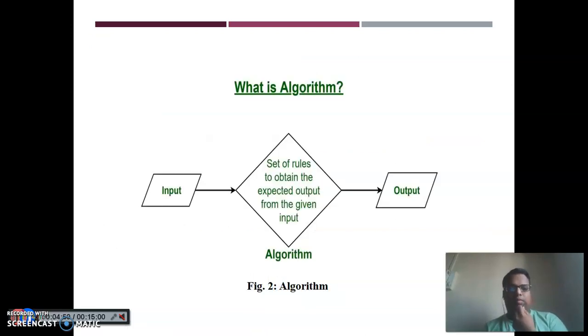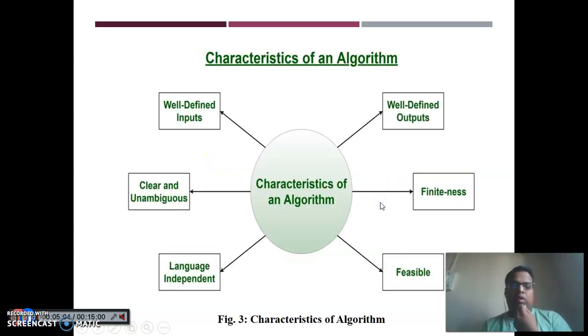What is an algorithm? In simple terms, an algorithm is a set of rules to obtain the expected output from the given input. We give an input, apply the algorithm, and we get the output. There are some characteristics of an algorithm. There should be well-defined inputs, well-defined outputs, and finiteness in the algorithm.